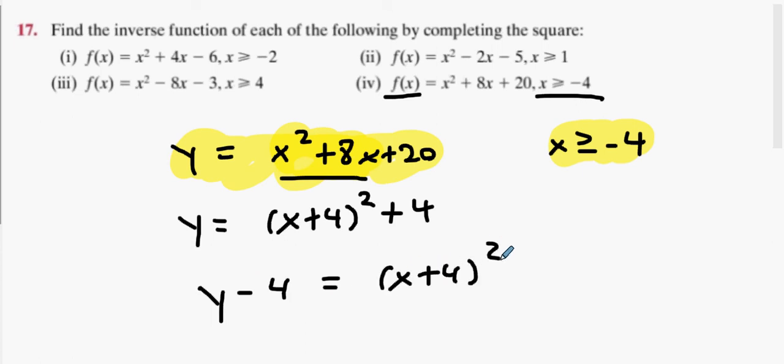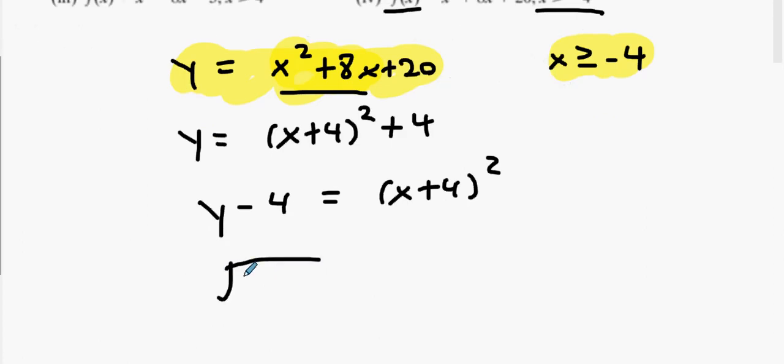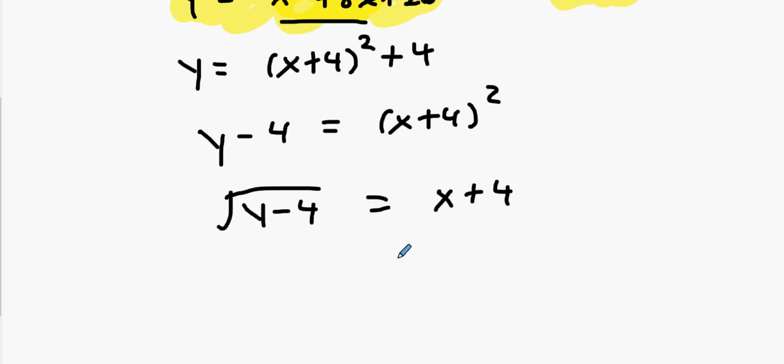Cool with that? Square root both sides. Root of (y minus 4) equals, and then that's, what's that? x plus 4. Bring the 4 over the other side, and you get x equals root of (y minus 4) minus 4.